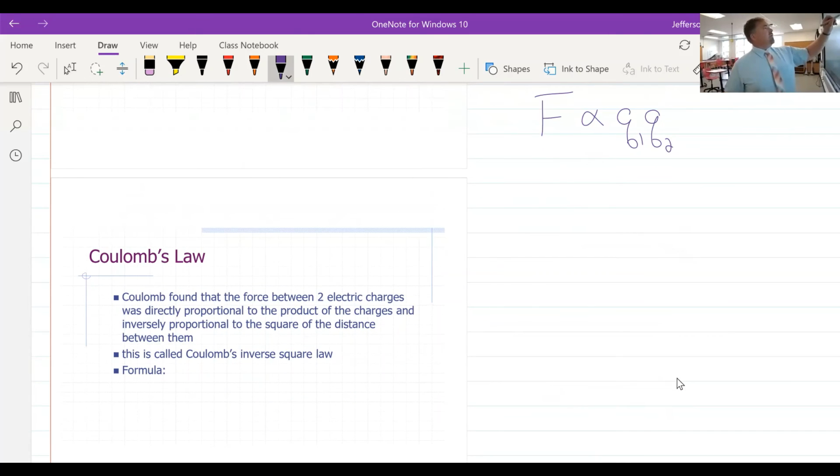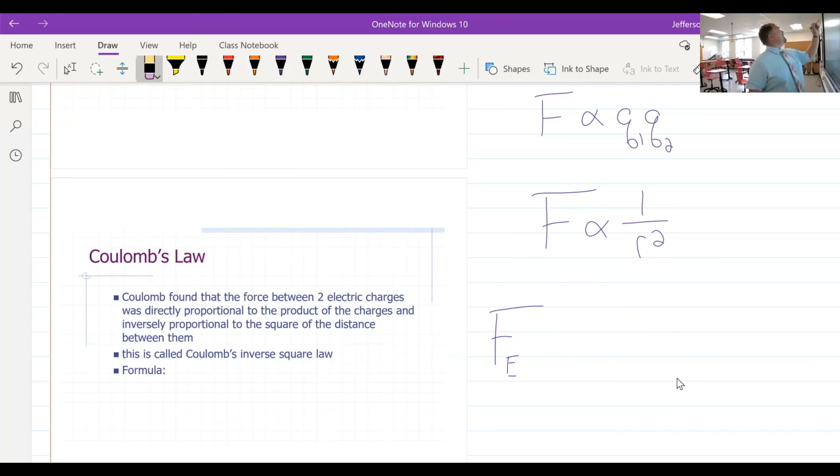And so we also found, I'll put this in purple, that the force was inversely proportional to the square of the distance. Now, we've seen this somewhere before, not that long ago. In fact, if we put it all together, the electrostatic force, F sub E, is proportional to the product of the charges divided by the square of the distance between them. Hopefully you've seen this before and you have an idea. If you're not sure, we're going to talk about it tomorrow.